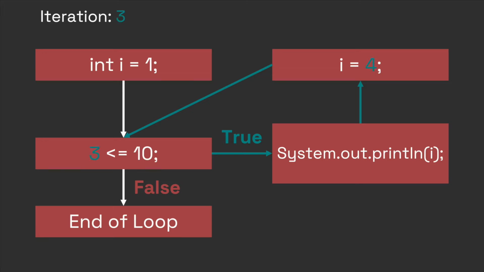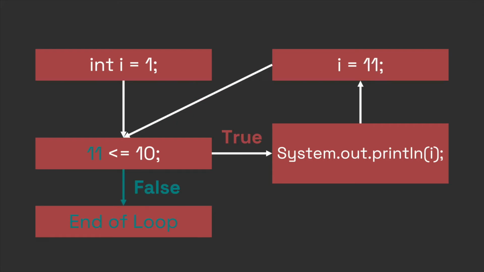Then the loop is checked with 3 and 4 and 5 and so on and so forth. On iteration 10, the i variable will be updated to 11. Then the condition is checked, 11 is less than or equal to 10, which of course is false, which ends the loop and continues to the code after the loop block.